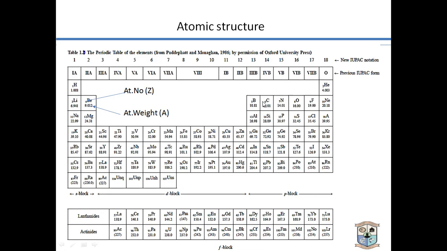For example, carbon: the atomic number is 6 and the atomic weight is 12. Oxygen: the atomic number is 8, while the atomic weight is 16, and so on and so forth. For all the elements listed in the periodic table, you have the atomic weights shown.